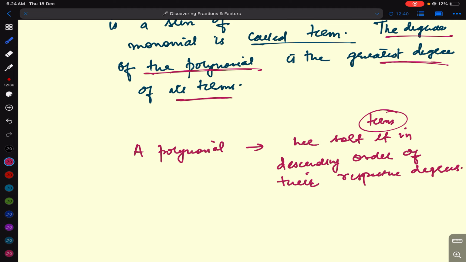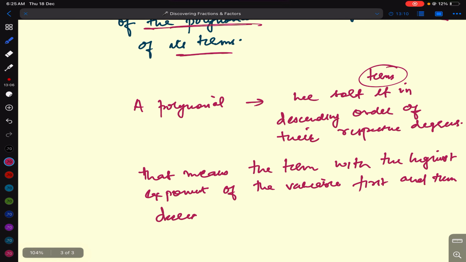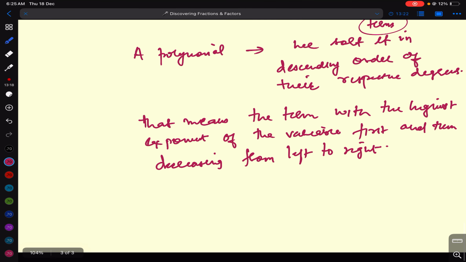When I say descending order of the respective degrees, that means the term with the highest exponent of the variable comes first, and then the exponents decrease from left to right. Okay, so that's how we arrange them in descending order of the respective degrees. I'll give you the example.